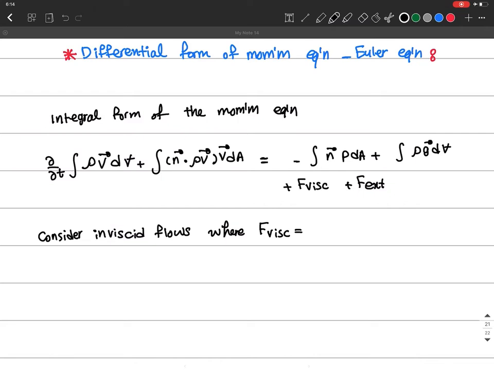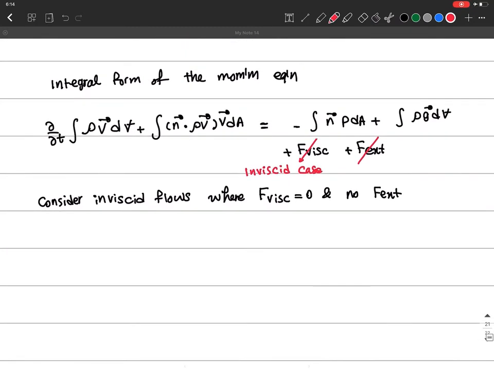For inviscid flows, that means we don't have any viscosity, so F viscosity should be 0. We also assume that we have no external forces acting on the fluid. So these two terms are just going to cancel out, because we are only investigating the inviscid case, where we don't have any viscosity.